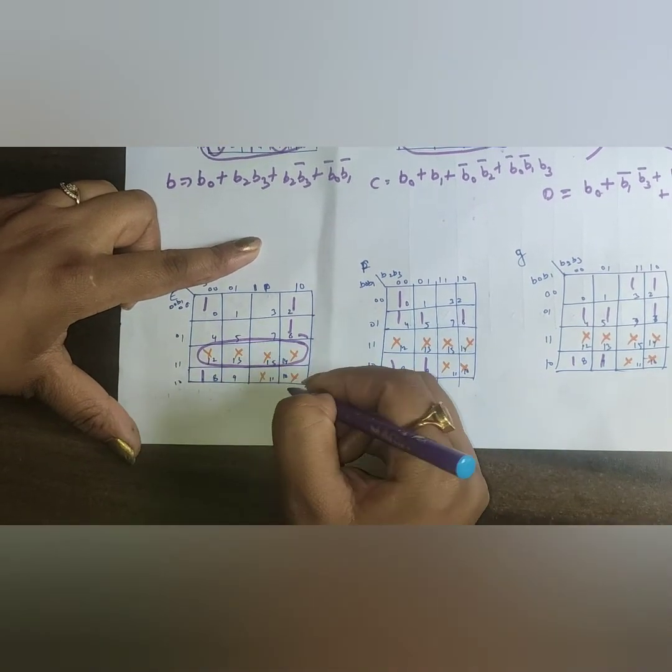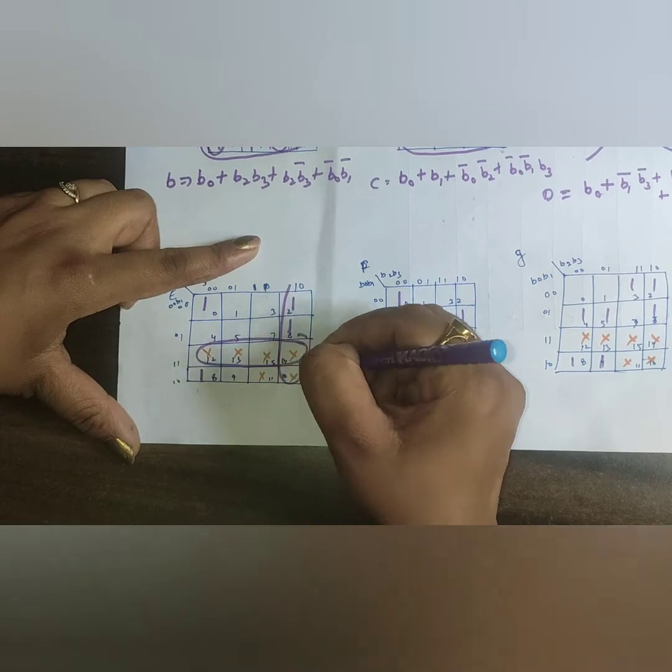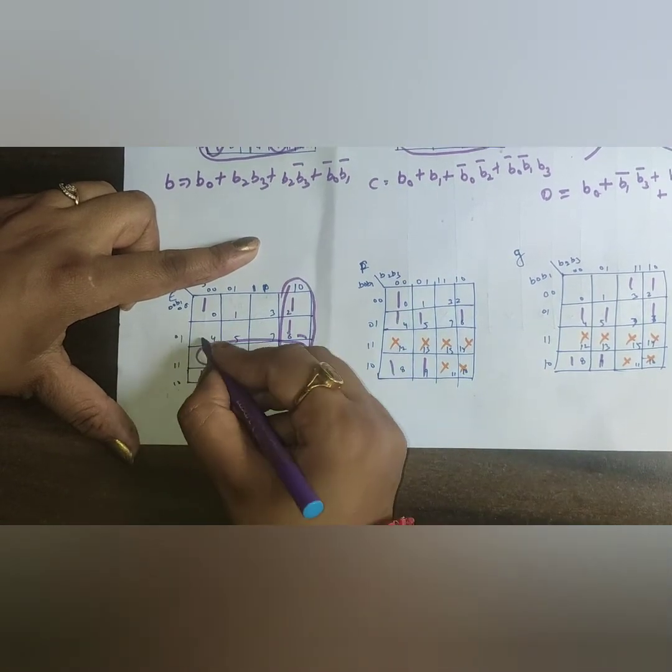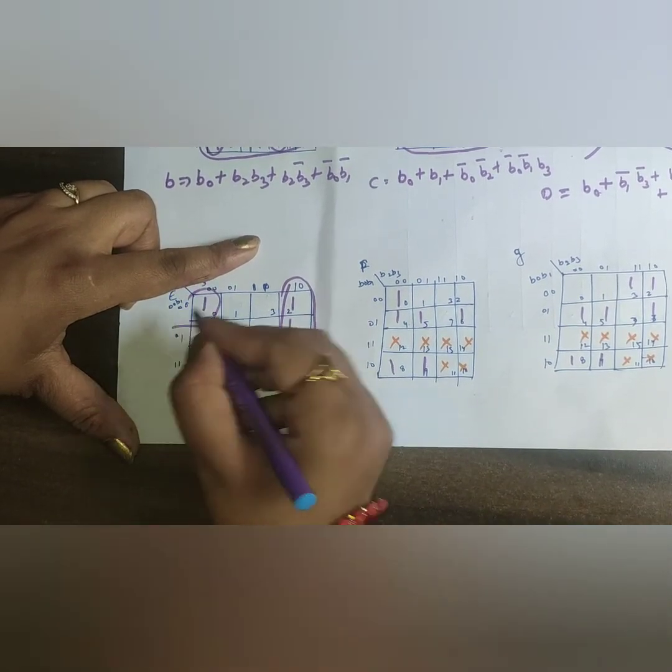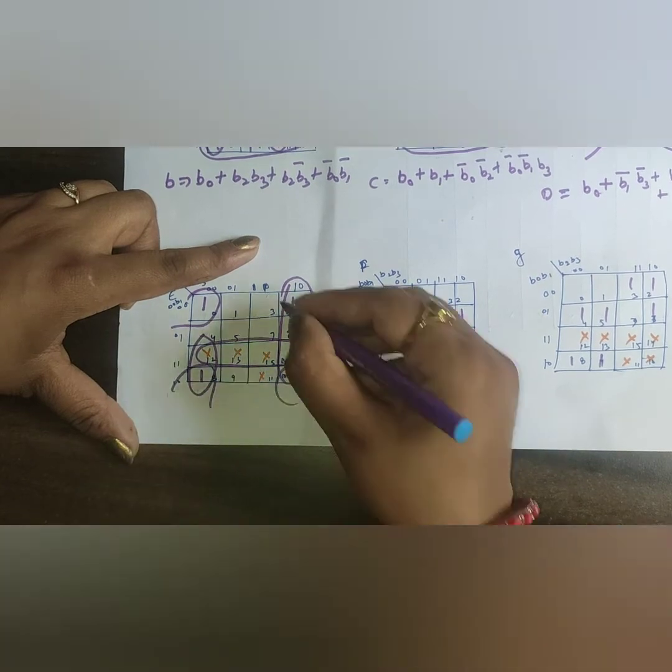Okay, you can leave this don't care condition and this 4 group and this 2 group, and this can be made like this 4 group.